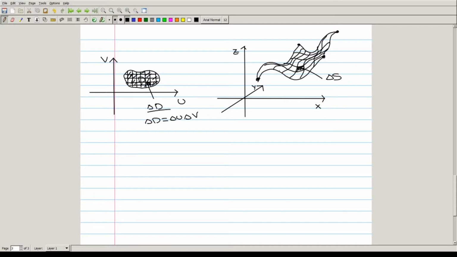Technically we should number this ij, because we have a certain number of partitions along the u-axis and the v-axis. So we'll call this delta Dij, where this is delta u i and delta v j.